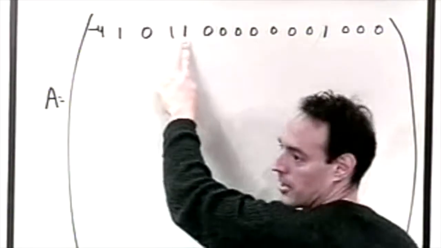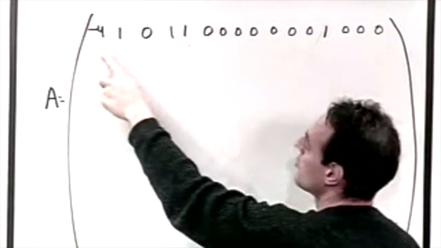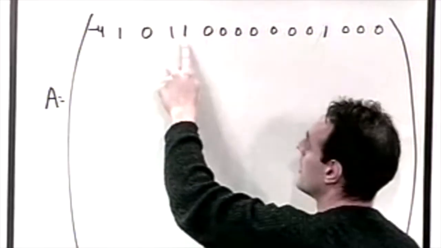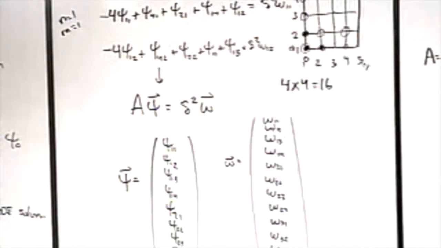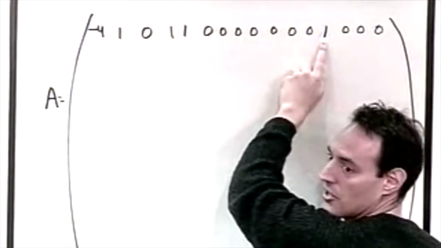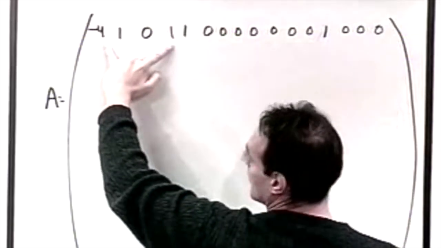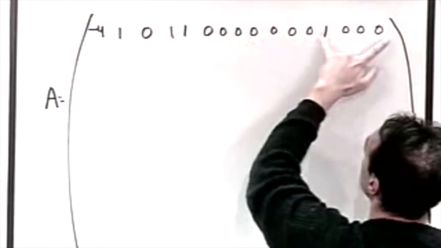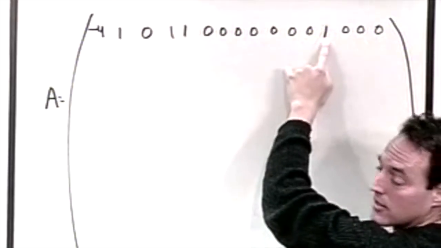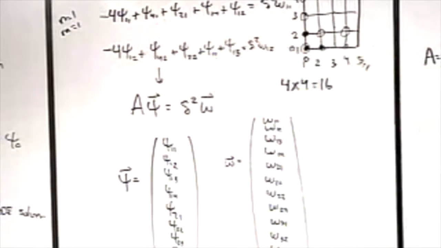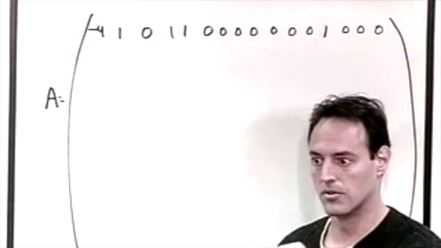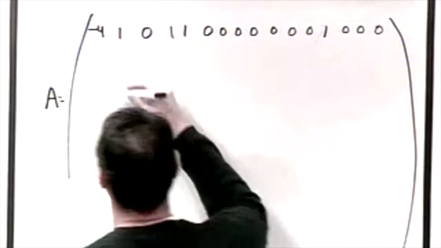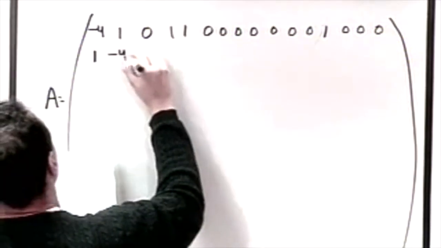This next component is multiplying psi 2,1. Right? Because it goes psi 1,1, psi 1,2, psi 1,3, psi 1,4, psi 2,1, psi 2,2. So psi 2,1, which I have. And then nothing until I get to here. And this is psi 1,1, 2, 3, 4, psi 2,1, 2, 3, 4, psi 3,1, 2, 3, 4. Psi 4,1 is right there. So indeed, this thing here reproduces that first equation. And in fact, the chain of equations you write down there then reproduce the following structure.